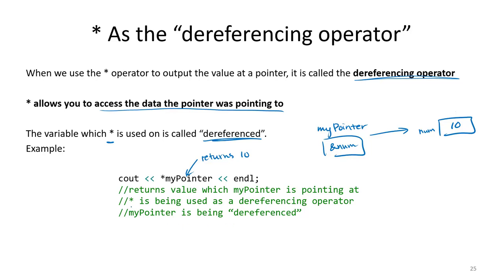And here, asterisk is being used as a dereferencing operator. We say that my pointer is the thing being dereferenced. So basically we're saying, okay, go where my pointer points and tell me what value is stored there.